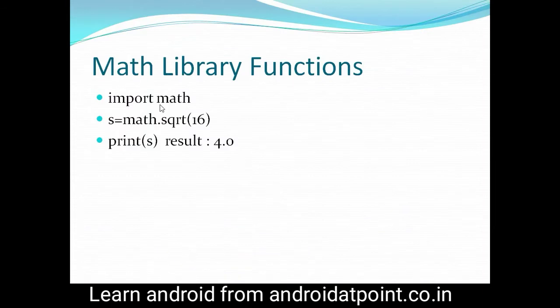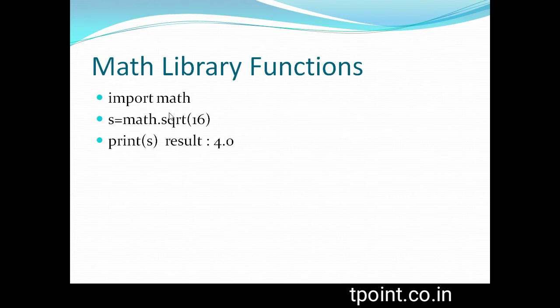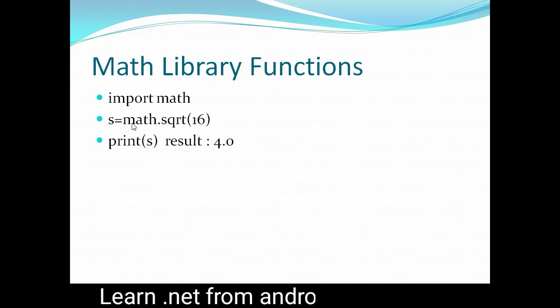Let's see here. I'm taking a simple example of sqrt. First of all, we need to import the math module. Just write import math, and then write s equal math.sqrt. You must write math and then a dot with the function.